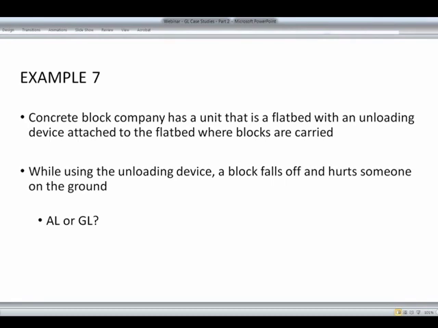They start unloading the blocks. As they unload the blocks, one of those blocks falls off and hits a worker standing next to the truck. That worker was hit by those blocks falling off while being unloaded with that apparatus attached to the equipment. Is this auto or GL?